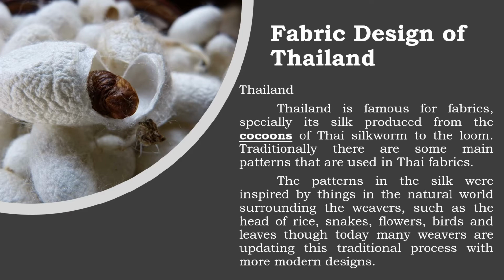The patterns in the silk were inspired by things in the natural world surrounding the weavers, such as the head of rice, snakes, flowers, birds, and leaves, though today many weavers are updating this traditional process with more modern designs.